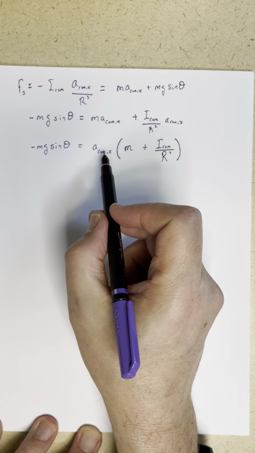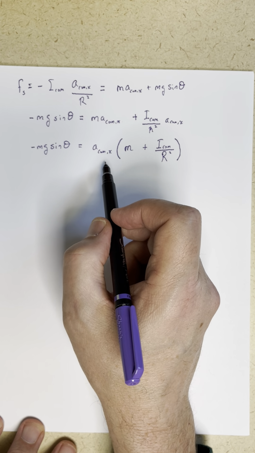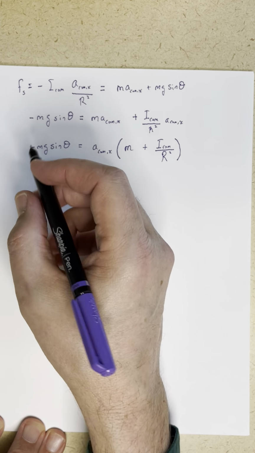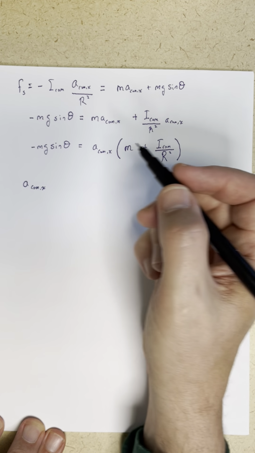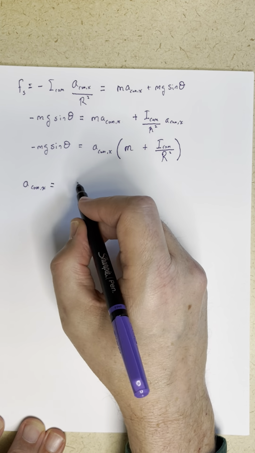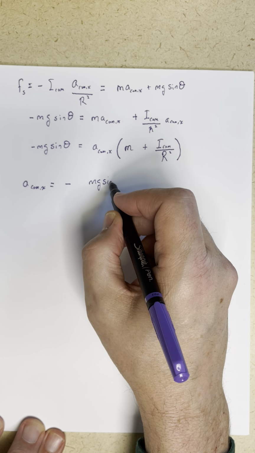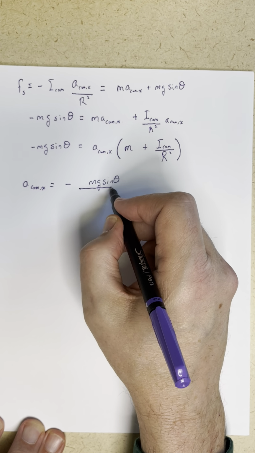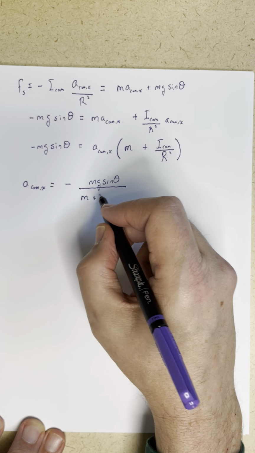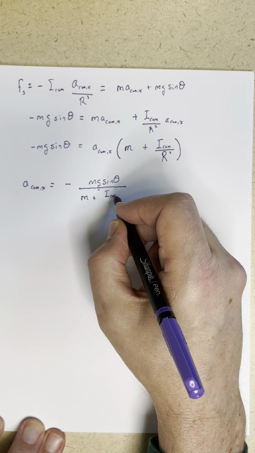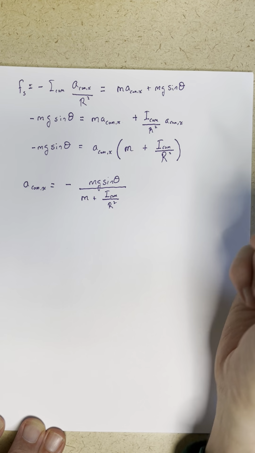I'm going to rearrange that to get the acceleration of the center of mass x component just by itself. We get minus mg sine of theta over m plus rotational inertia about the center of mass divided by r squared.